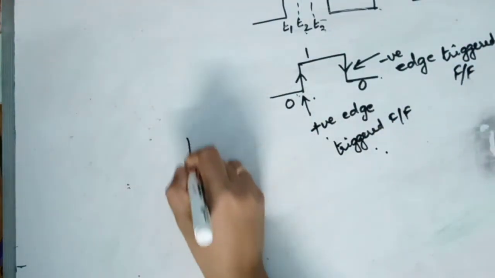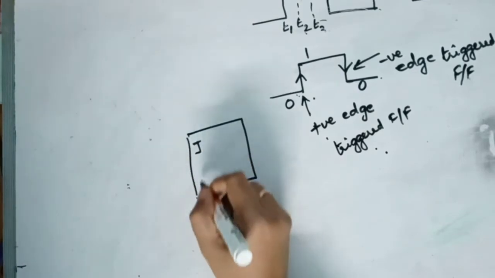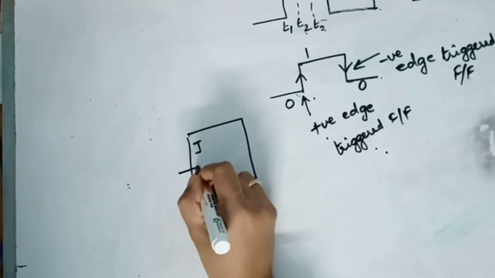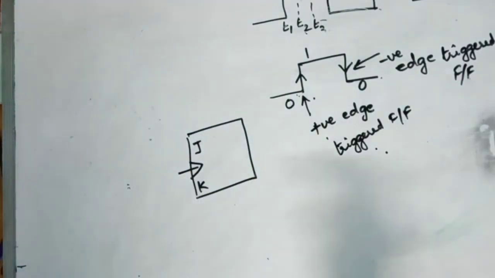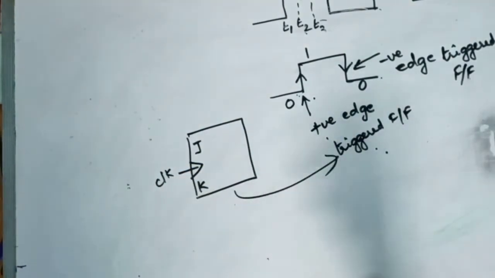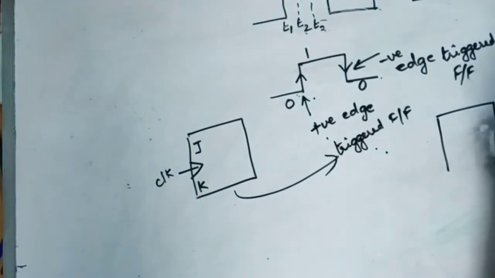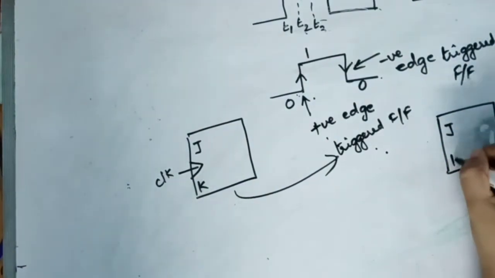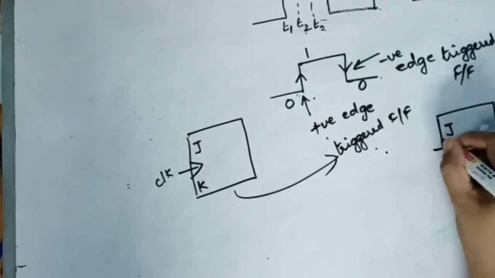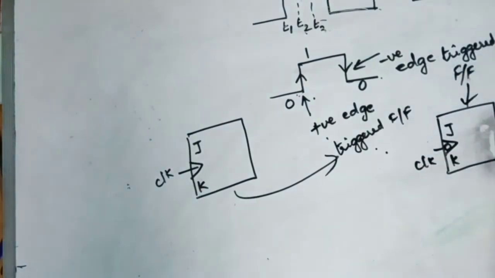So if this is a flip-flop, say a JK flip-flop, if you put it like this, it is a positive edge triggered flip-flop. And in a flip-flop, if you put it like this, with a bubble here and then the arrow, that's a negative edge triggered flip-flop.